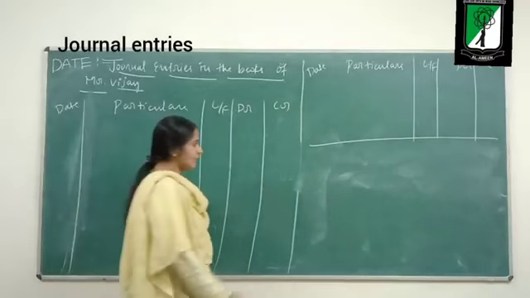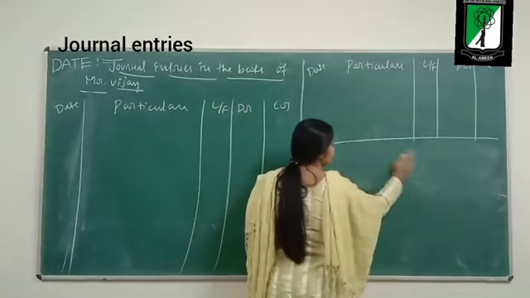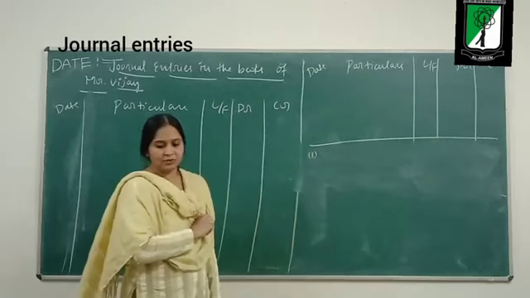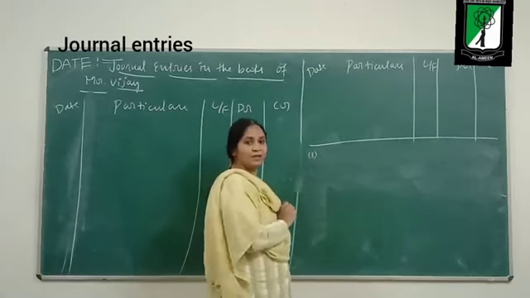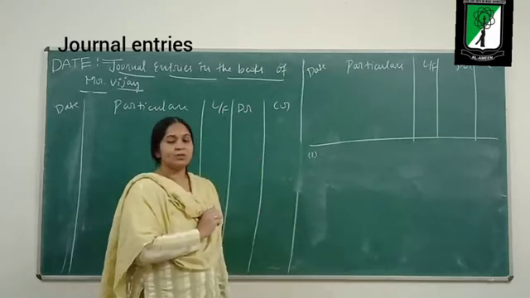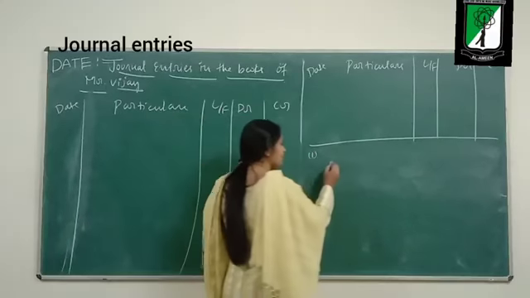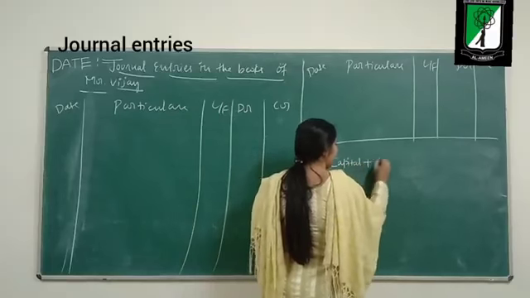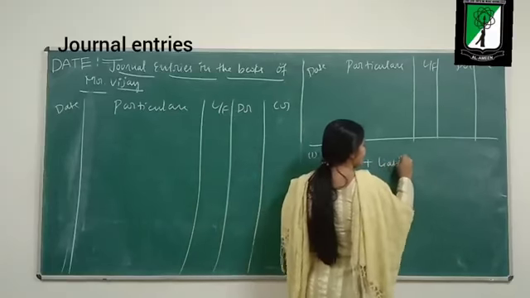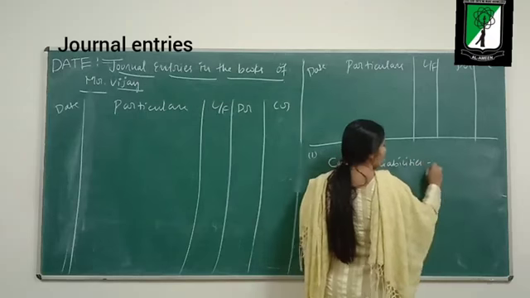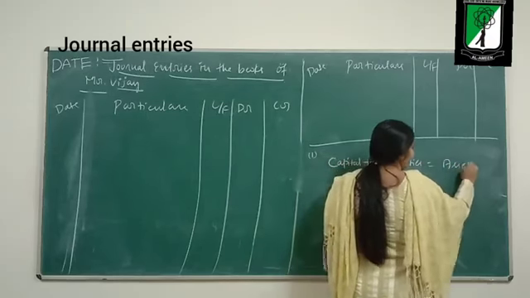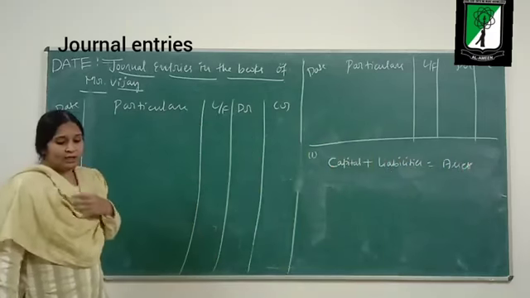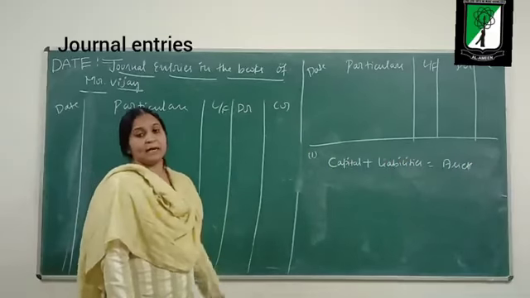So first I'll write down here modern approach. You will solve the sums based on modern approach. So what is the accounting equation? Capital plus liabilities is equal to assets.